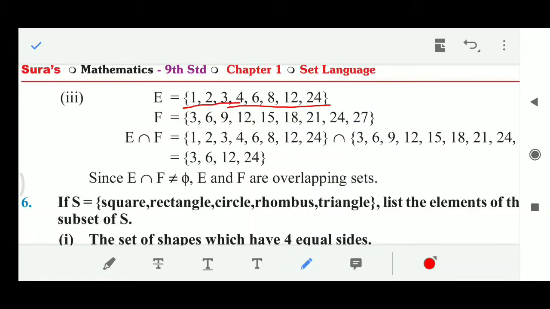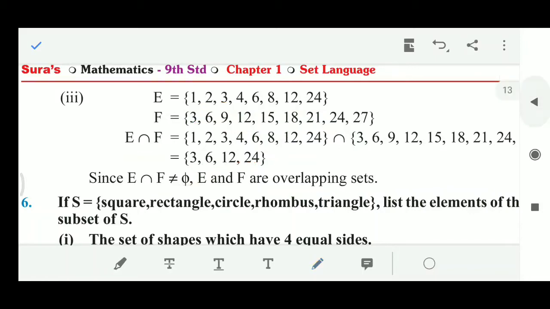For F, the multiples of 3 are 3, 6, 9, 12, 15, 18, 21, 24, 27. In these two sets, E intersection F is 3, 6, 12, 24. So E intersection F has elements and is not equal to the null set. Therefore E and F are overlapping sets.